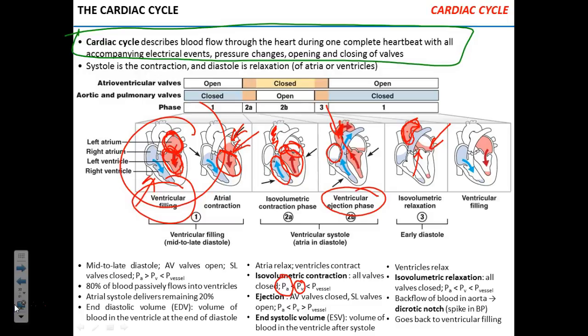So for the second time I have a situation when two valves are closed. And that's the moment when the ventricle starts to relax. This is called isovolumetric relaxation. When it relaxes significantly enough to drop the pressure in the ventricle below the pressure in the atrium, the atrioventricular valve opens. And the cycle starts over again.